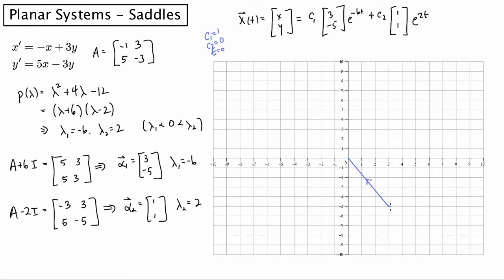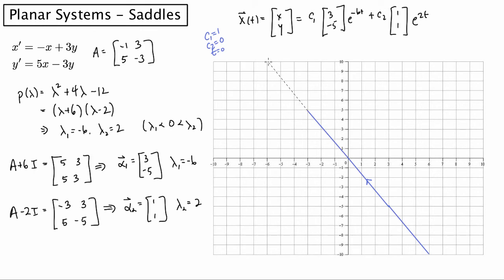And so if I go ahead and extend that eigenvector going backwards in time, and going forwards in time. So backwards here would be negative 3 and 5 right there.